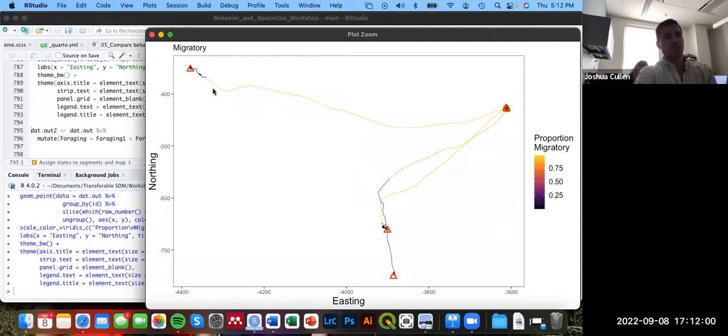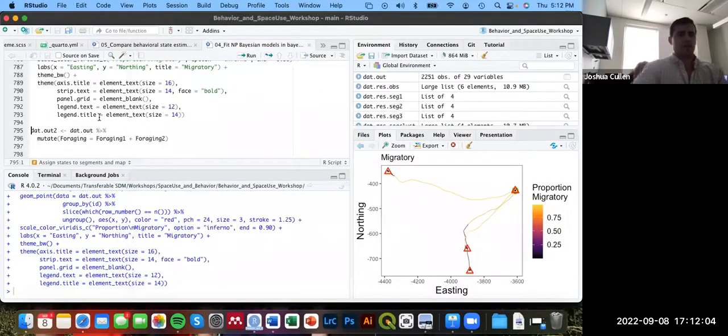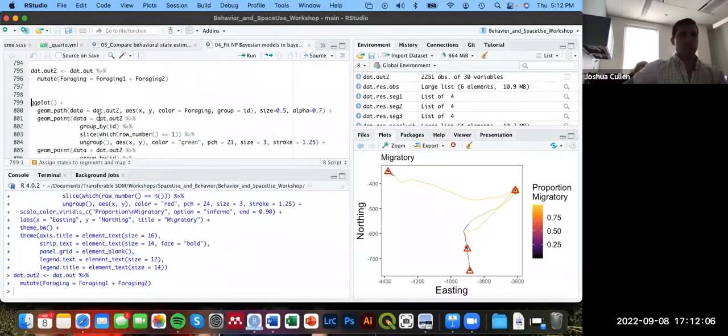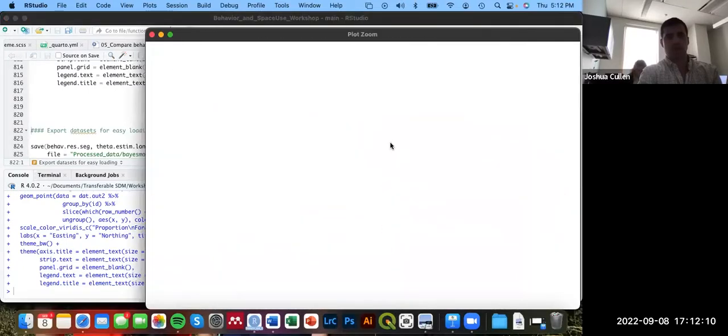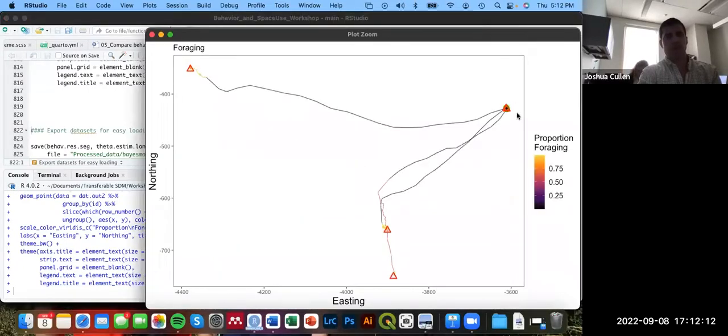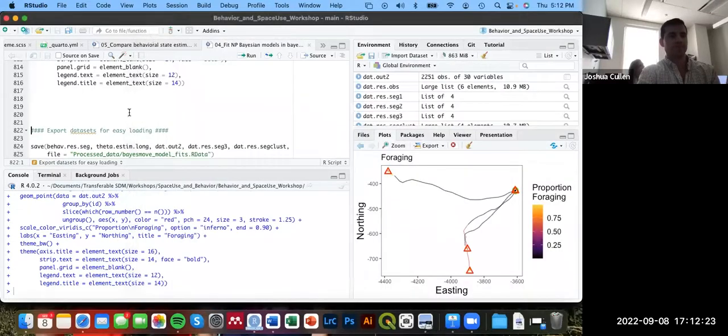The darker it is, the less likely it's in a migratory state. You combine the foraging states together, you can do the same thing for foraging. So everything here near the islands and the migratory period is dark, meaning there's a low proportion of foraging. Everything near the coastline is higher proportions of foraging.